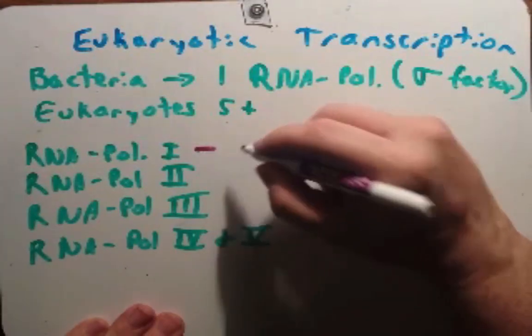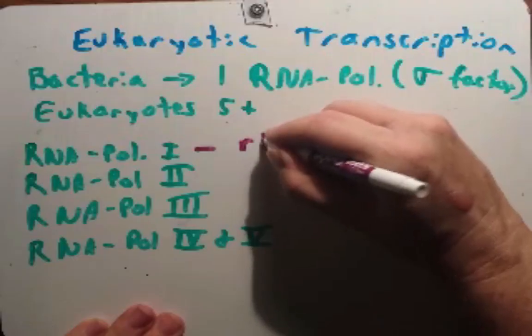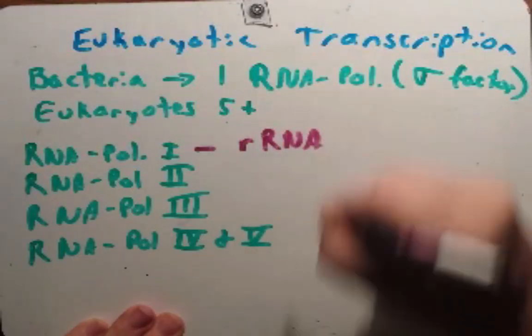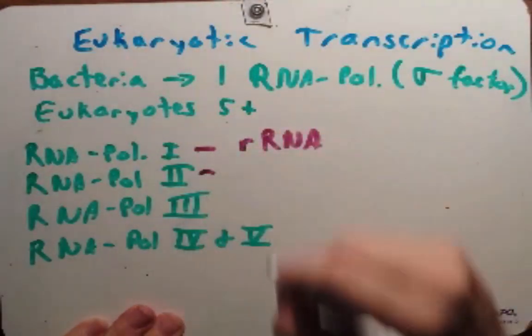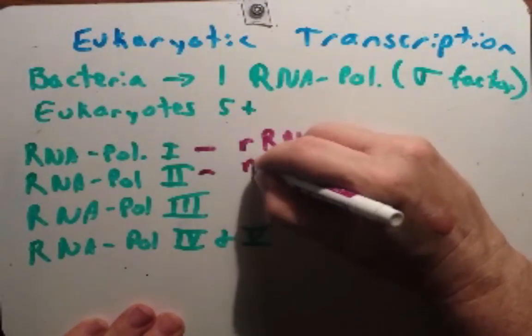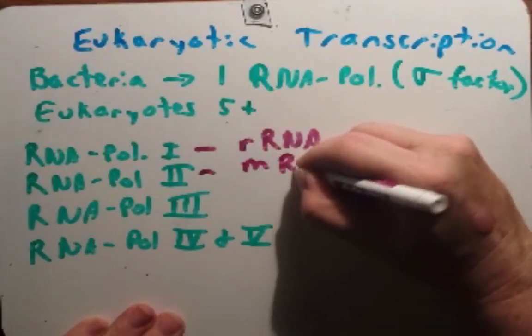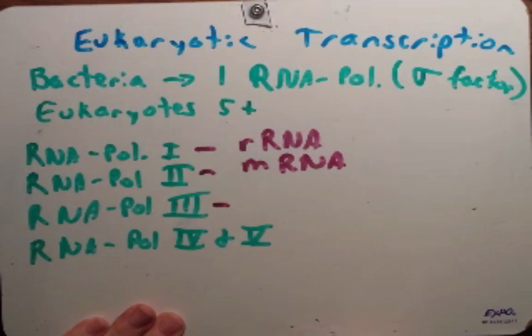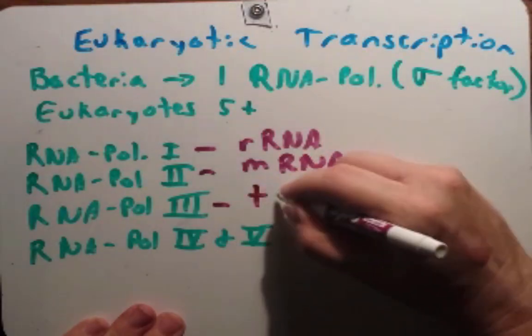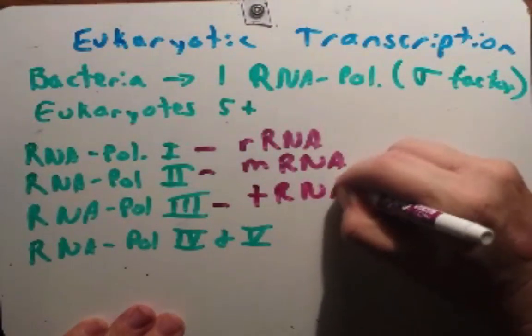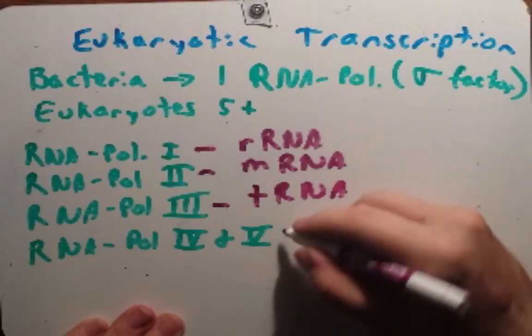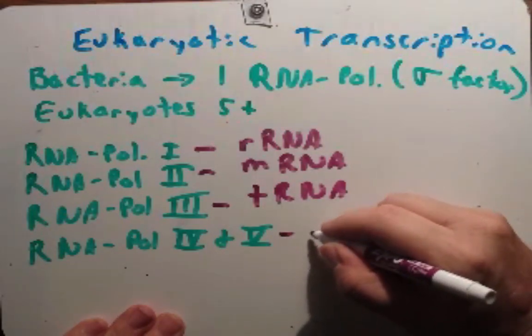RNA polymerase 1 transcribes ribosomal RNA. RNA polymerase 2 transcribes genes that code for mRNA. RNA polymerase 3 transcribes tRNAs. And then 4 and 5 are only found in plants.